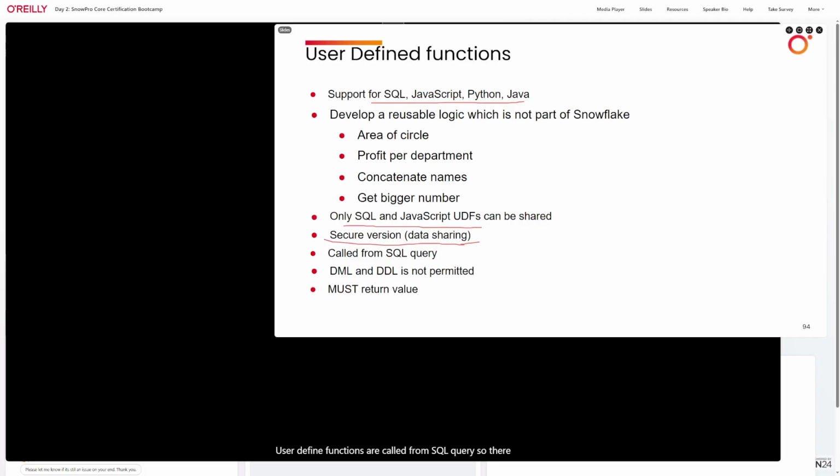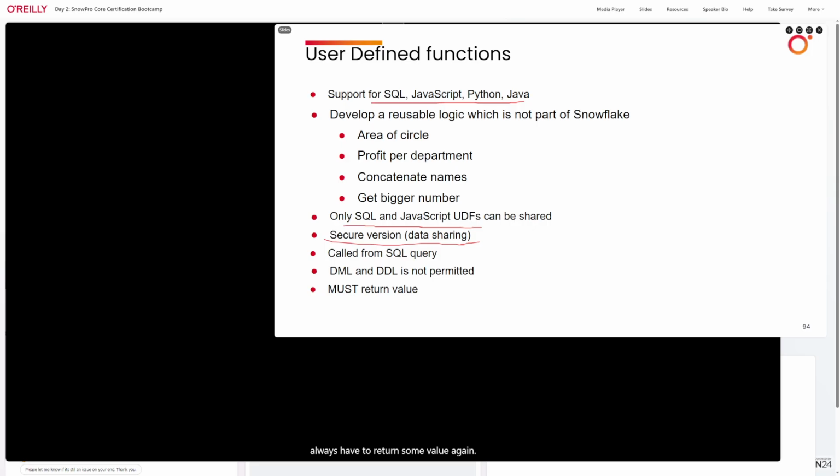User-defined functions are called from a SQL query, so there is no special call keyword for it, but you would call the function inside the SQL query. You can't do DML or DDL operations inside, and a function always has to return some value.